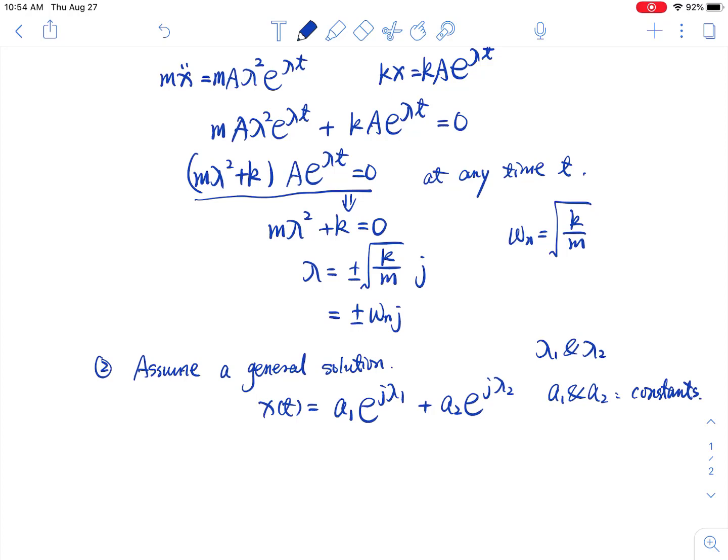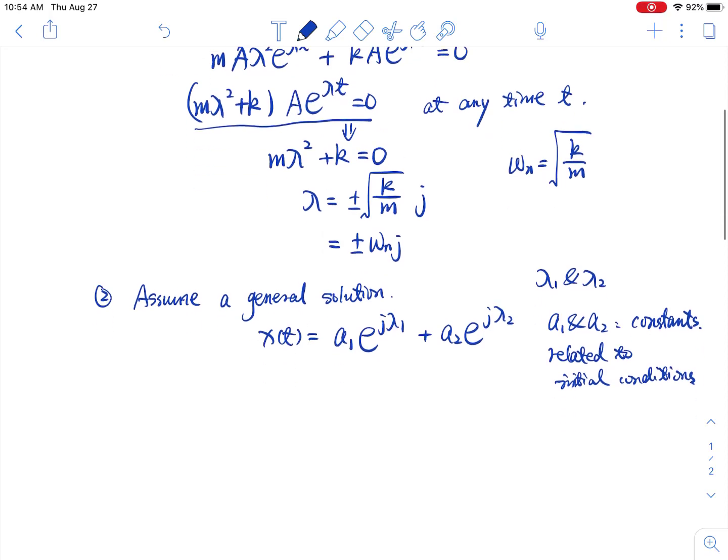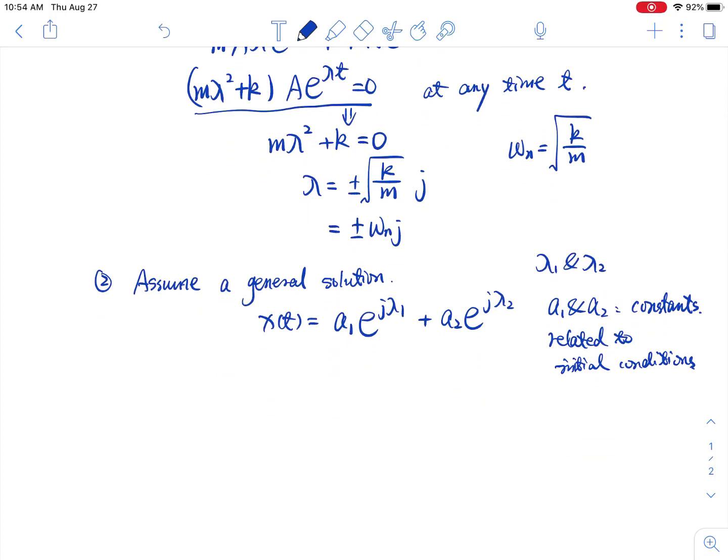Okay, so these constants are related to your initial conditions. Currently we don't know what a1 and a2 are, but once we plug in the initial conditions, they can be determined. All right, so let's write it out.